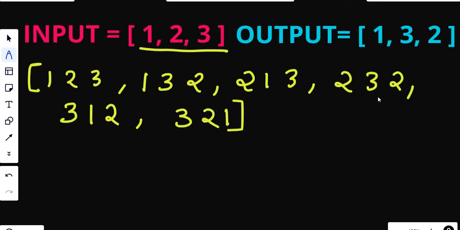So these are the 6 permutations. Now we know that every time the input is not going to be this simple, right? It can be a complex one. But how are we going to calculate the exact next permutation in that case?